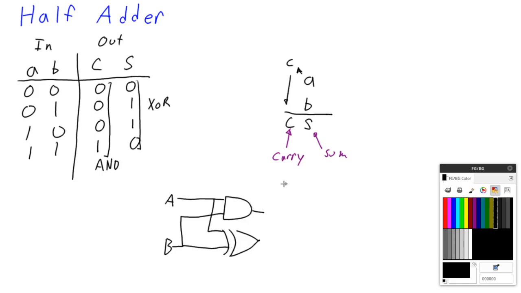So here is our carry, and here is our sum. So it's pretty easy to add 2 bits, but as you saw in the title here, this is just a half adder.